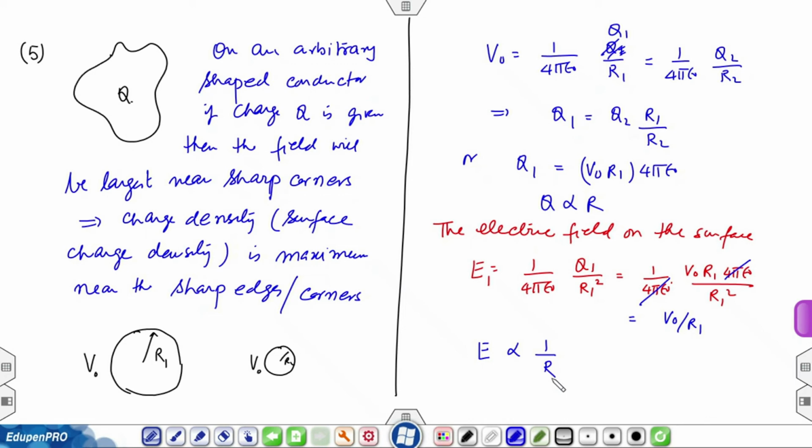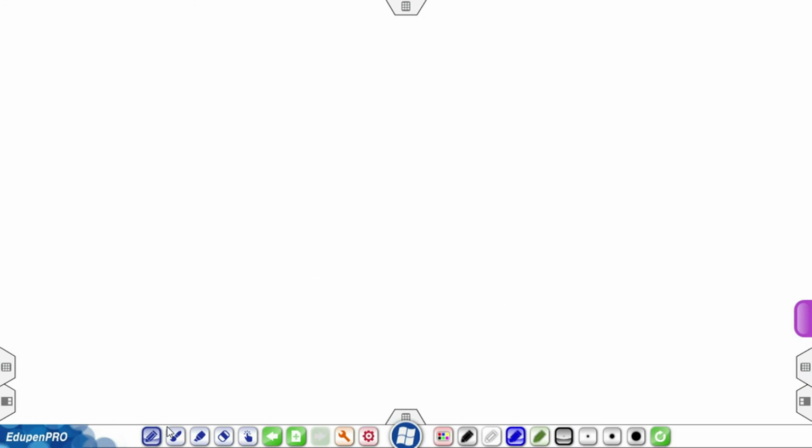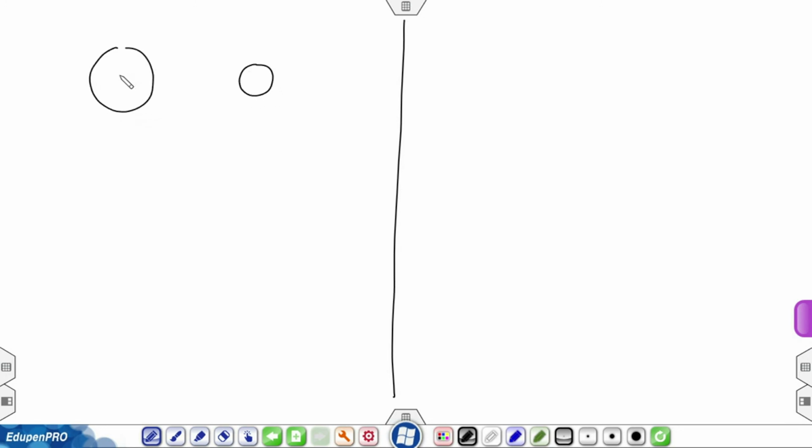So, in this case, where I had two spherical conductors, both have potential V 0, radius is r 1 here, radius is r 2 here. The electric field here will be much stronger than in the first case.